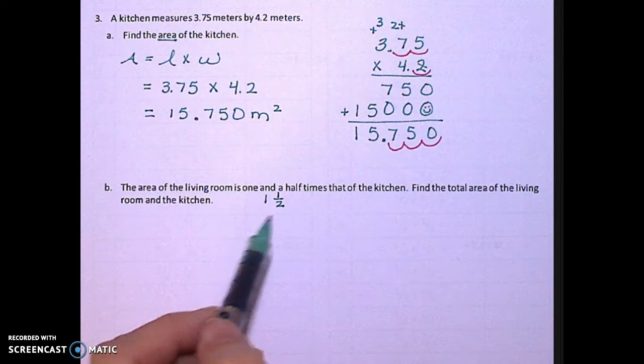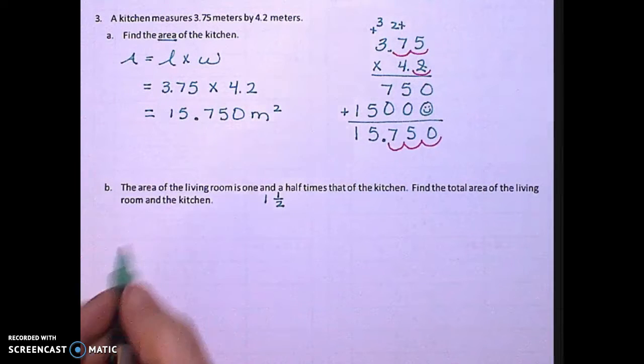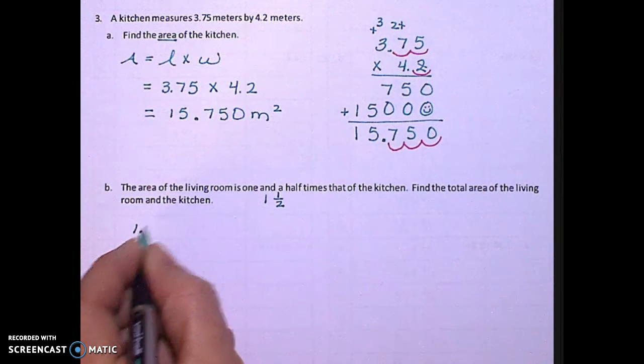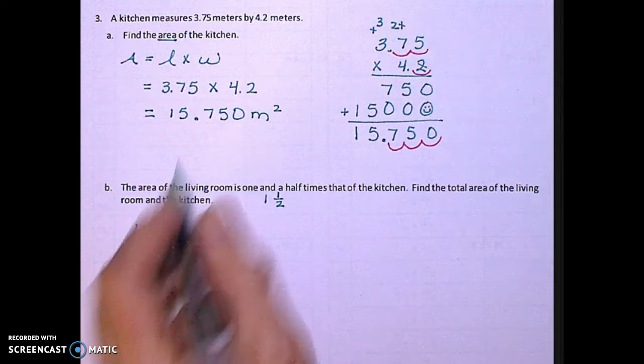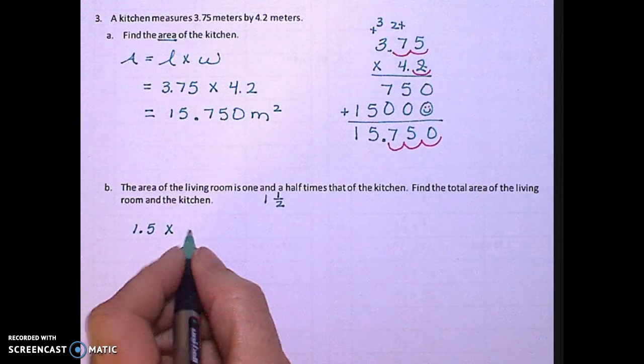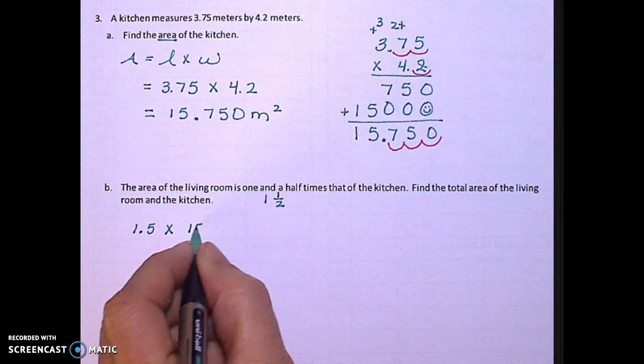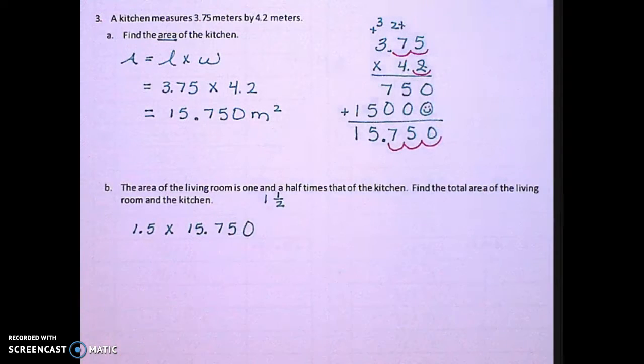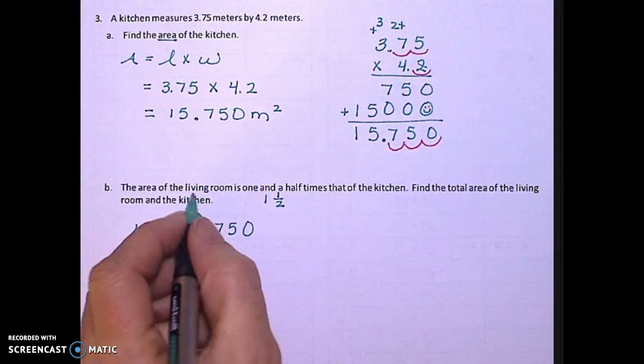Most of you know that a half is 0.5, so we're going to take 1.5 times this number up here, the kitchen, 15.750. We're going to multiply those two numbers, and then we'll have the area of the living room.